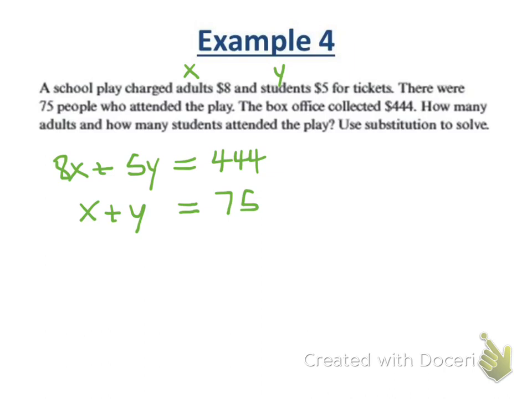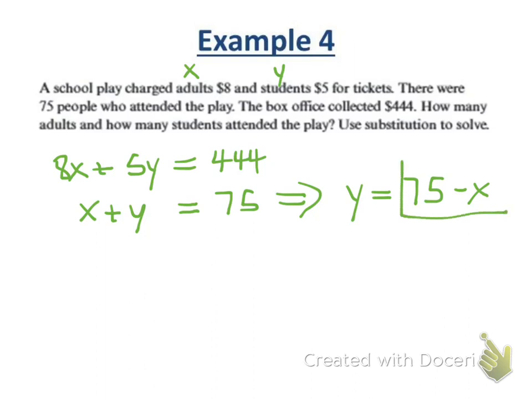It's really not that bad. And then we need to solve one of these for X or Y, which really makes the second one the candidate. Solve for Y. Y equals 75 minus X, or we could do negative X plus 75, either way.